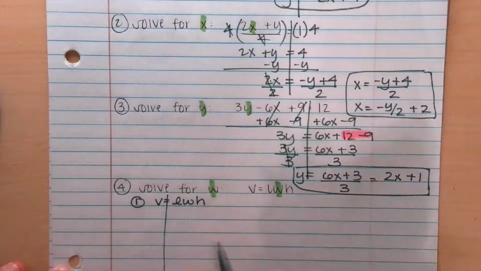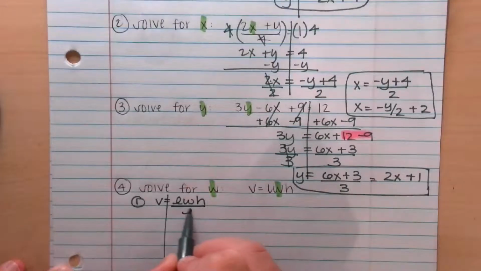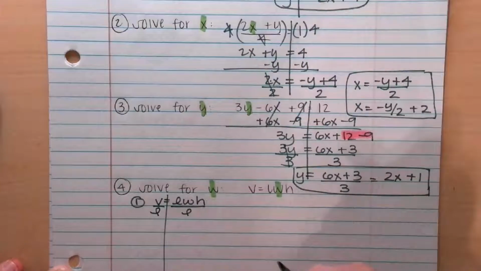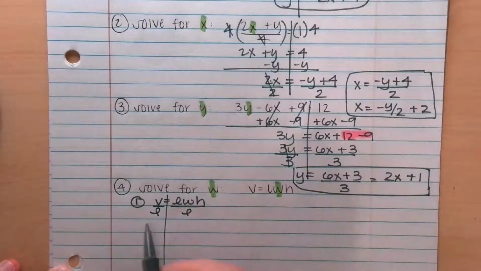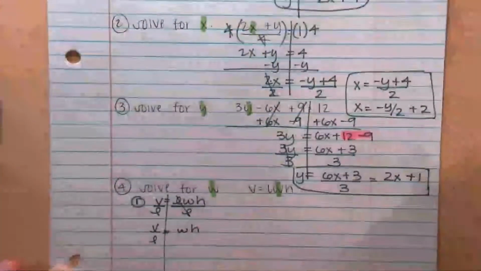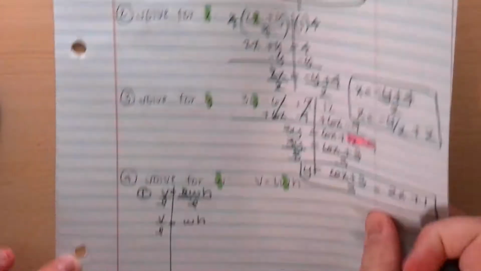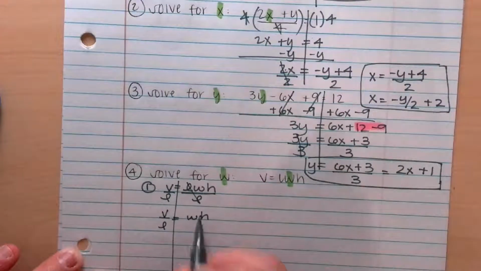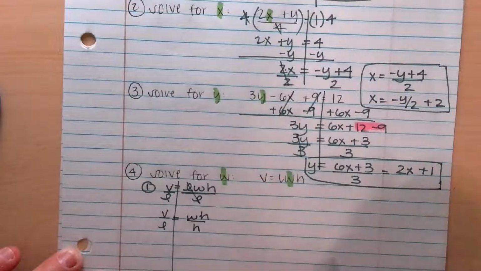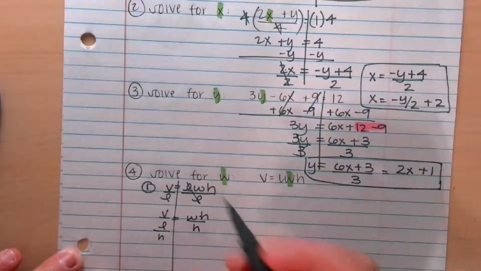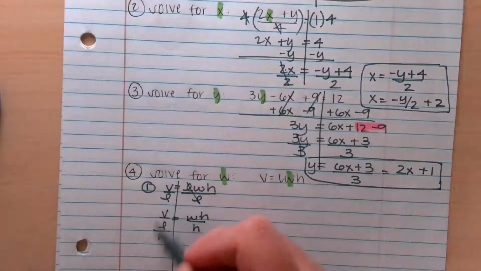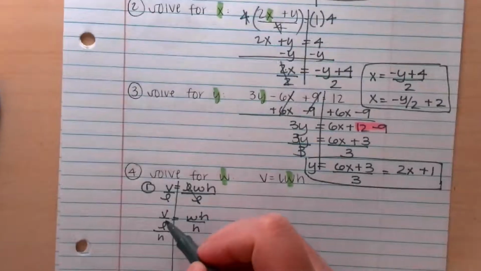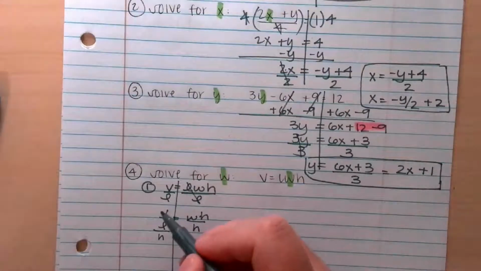We know that the L is being multiplied, so we can divide by L. Okay, that goes away. So we get V over L equals WH. We know that H is also being multiplied by the W, so we have to divide both sides by H, except this is really messy, right? We have a fraction being divided by another fraction.